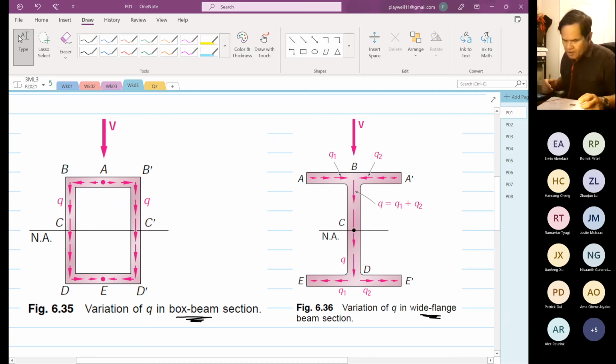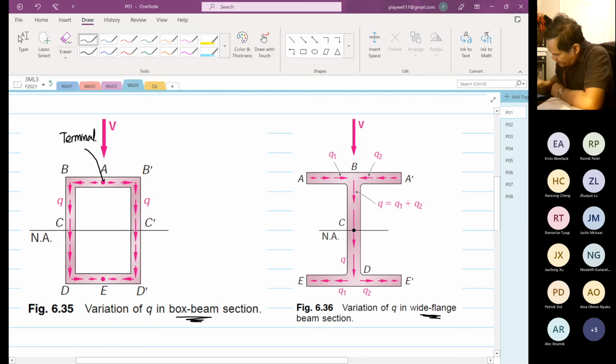There is some terminology that I'm going to introduce. If you look over here where the arrows start, these are known as the start of the shear flow.